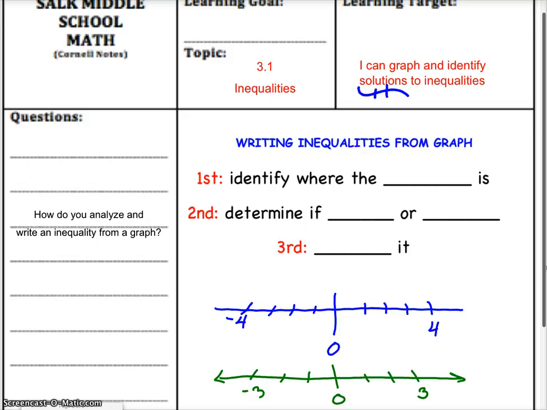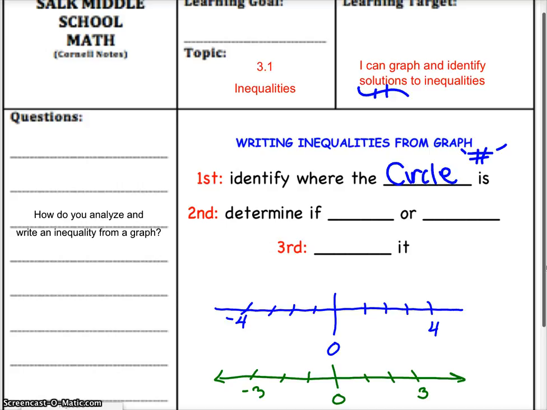So when you write inequalities from a graph, I'm going to make it sound super technical, but it's actually kind of, well, not easy, but it's not that bad. You identify where the circle is. That's the number. So maybe you don't even want to write circle, maybe you want to say number. It's wherever the number the circle is on.